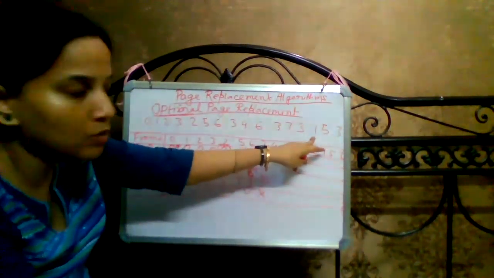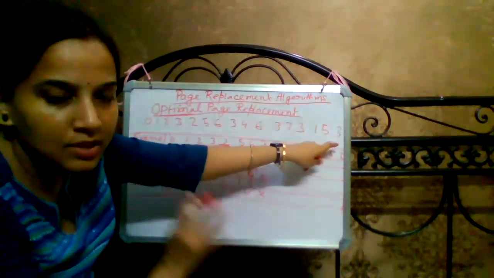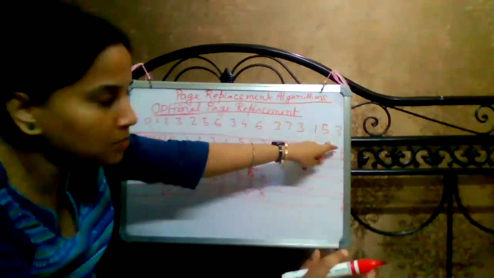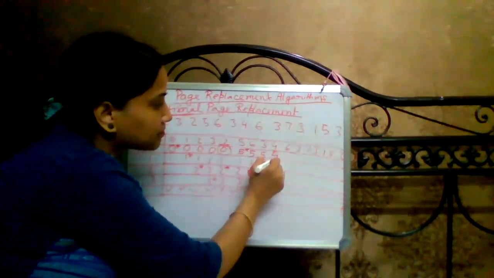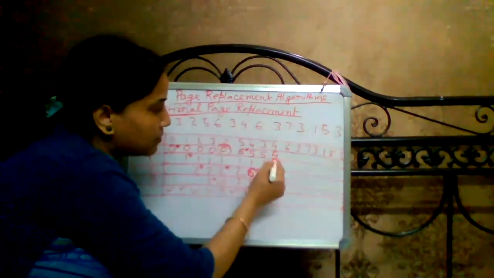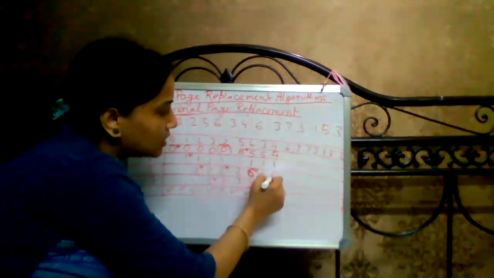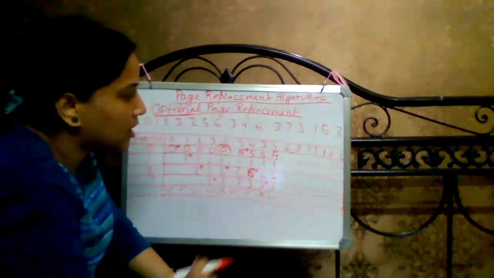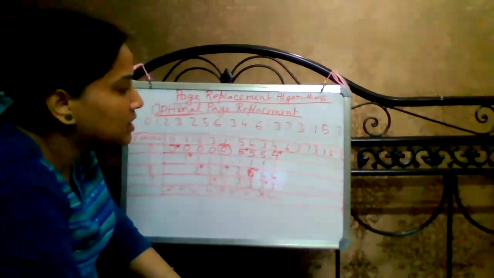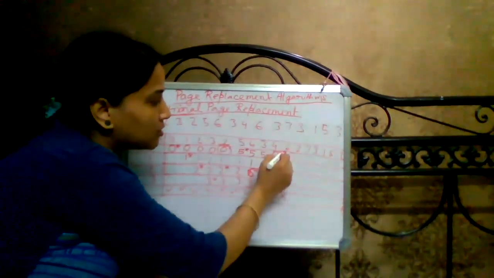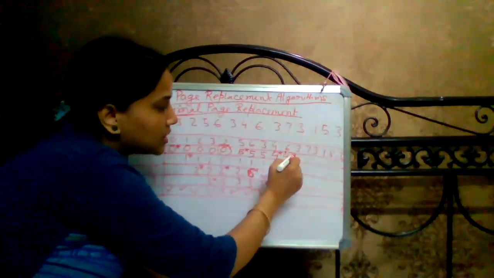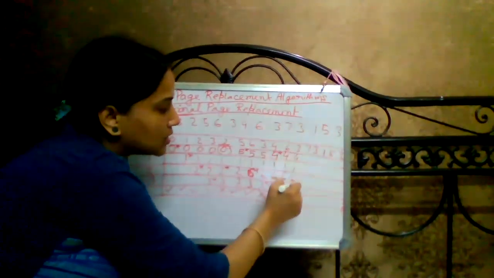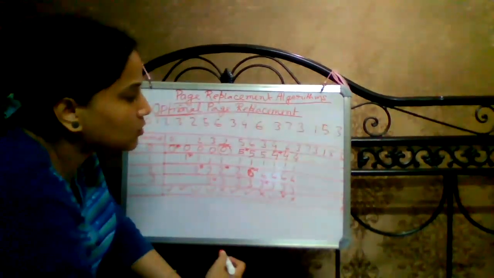Before 5, 1 is there, and 5 is not used for the longest period of time, so we replace this by 4. So 4, 1, 6, 3. Page fault occurs. 4 is the running page. 6, no page fault. 4, 1, 6, 3. Next 3 is already there. 4, 1, 6, 3. No page fault. Next one is 7.